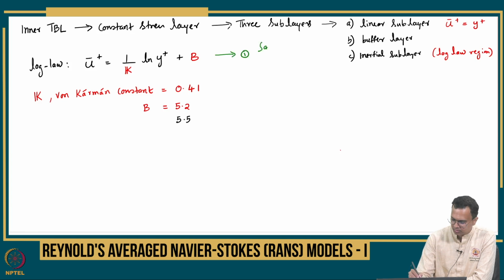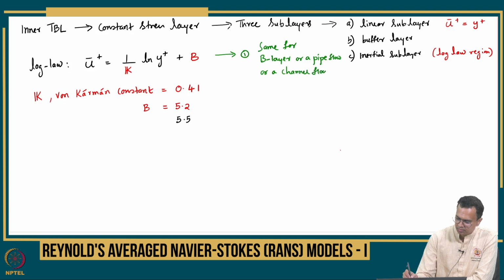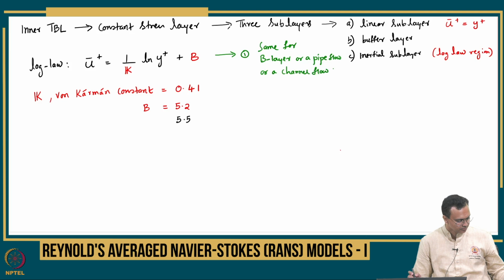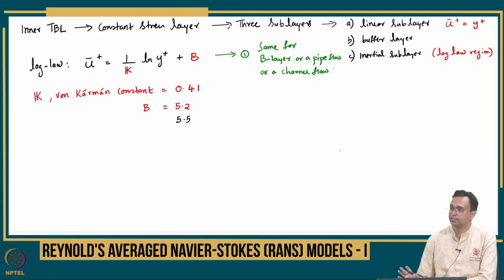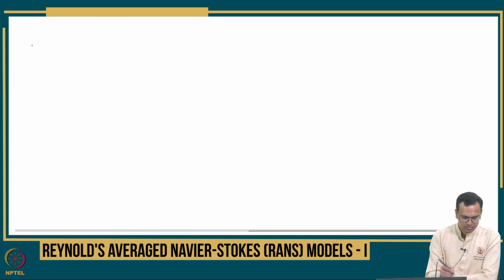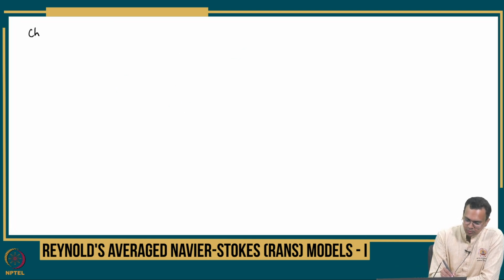It is the same for a boundary layer or a pipe flow or a channel flow, different types of internal flows or semi-confined boundary layers. Okay, is this clear? I think with this we can move to the next chapter, RANS modeling, chapter 4, right?